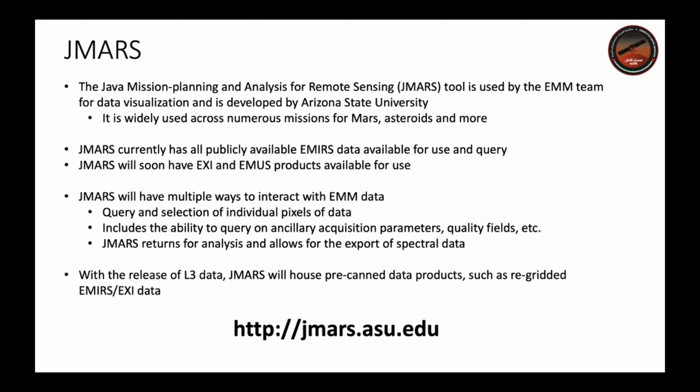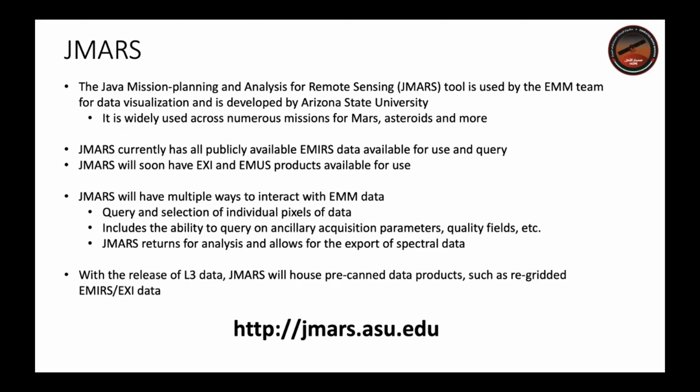You can use the acquisition parameters, say when a detector was warm or cold, or whatever you want to do. JMARS then returns these data to you and allows you to visualize them in real time, so you see what query you get, rather than going through tens or potentially even hundreds of individual FITS files. You can use this tool. And it then allows you to export these data as well in common formats such as CSV.